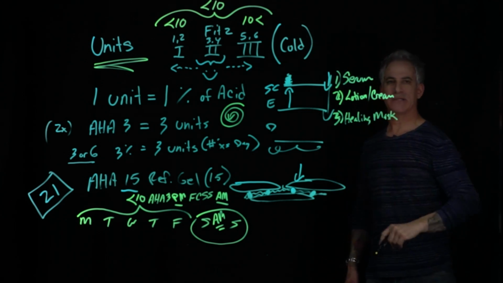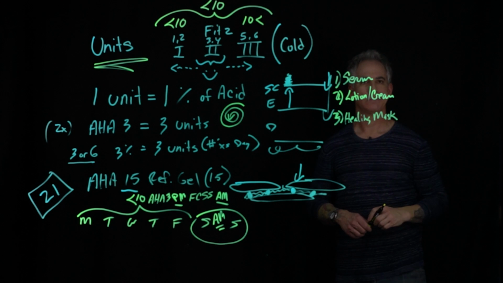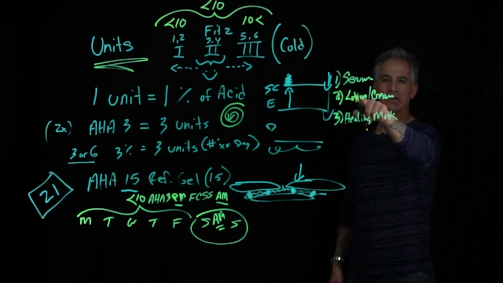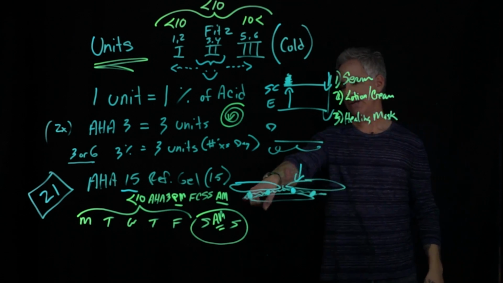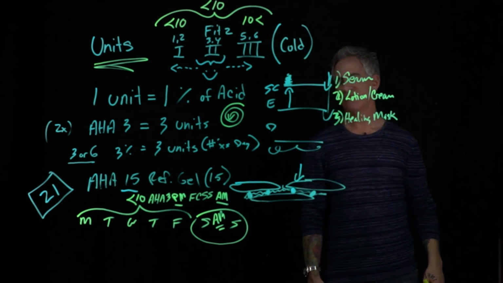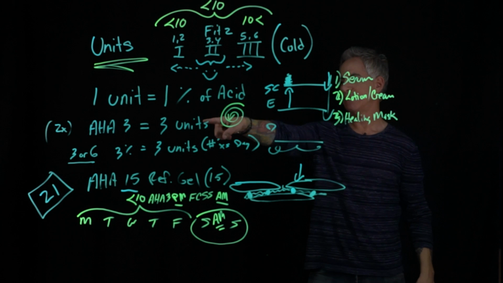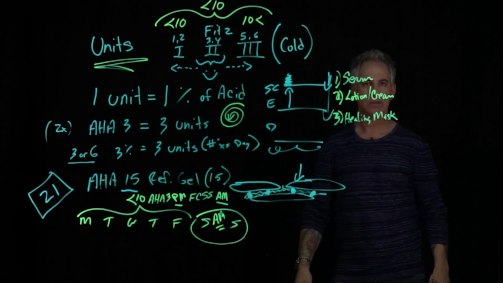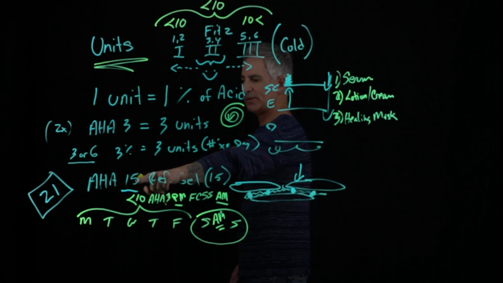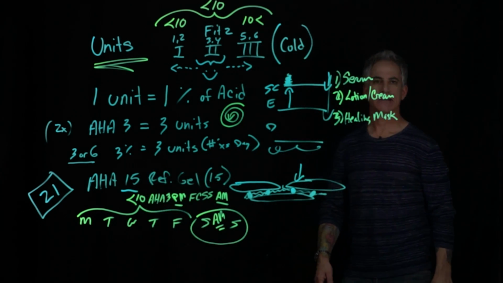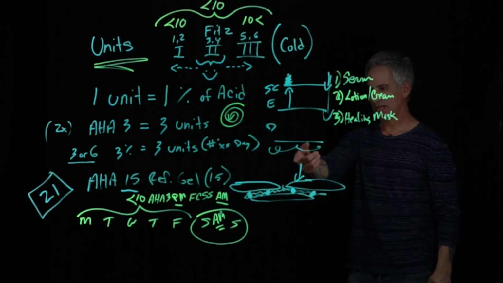You should not be able to see the healing mask at all. Okay, so you do your serums first, your lotion, your cream, your healing mask. On the night or the morning that you do the AHA 15, you would want to dilute the AHA 3 facial cleanser, because you're dealing with 15 units of glycolic acid for the day, for whichever day that you prescribe that on.